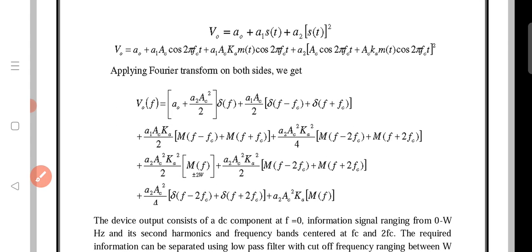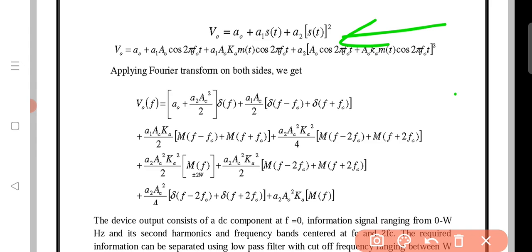So now the equation is V naught equal to A naught plus A1 S of t plus A2 S of t whole square, because the input voltage Vin is S of t.